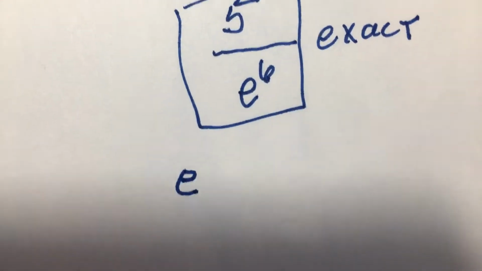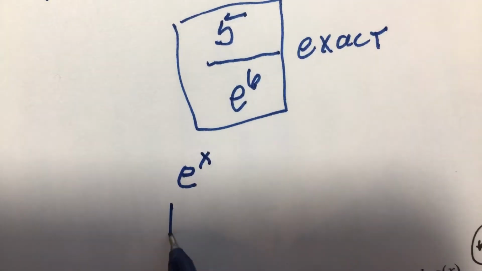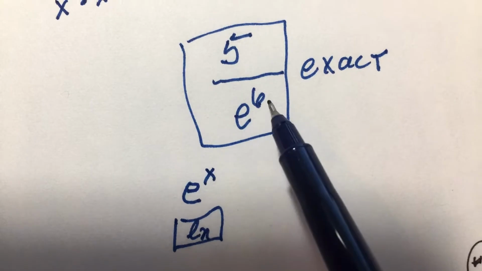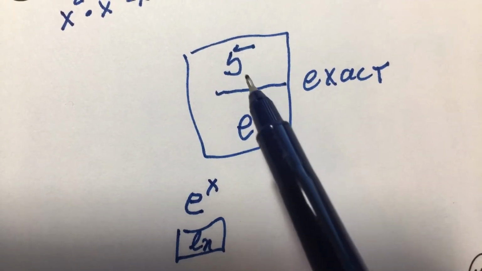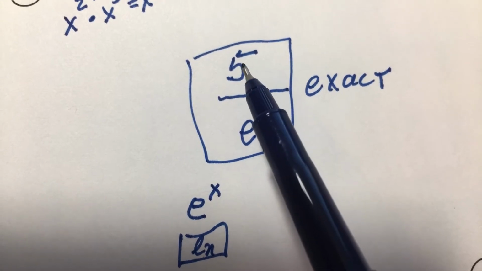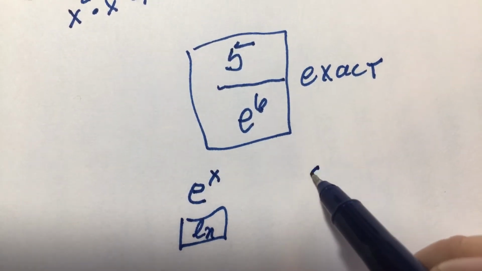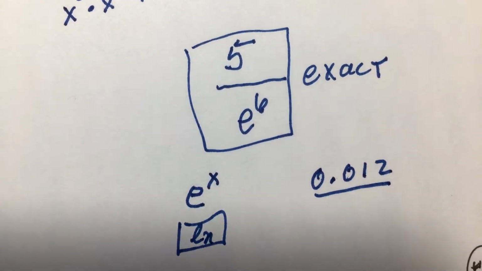On my calculators, I have a button that says e to the x, and it sits right above the LN button. So you're looking for that e to the x button. That'll allow you to punch in this e to the 6th power. Then you can just type, in your calculator, 5 divided by e to the 6th, and we can actually get a decimal answer on this one of 0.012. Okay.